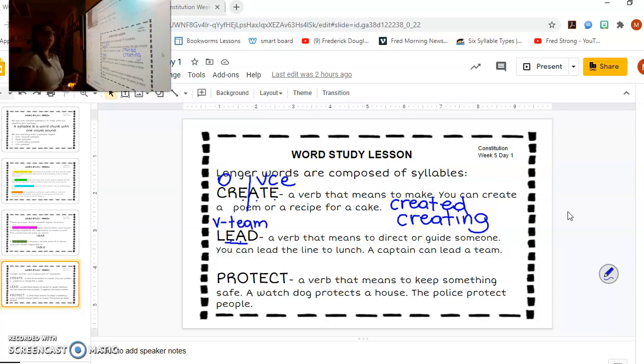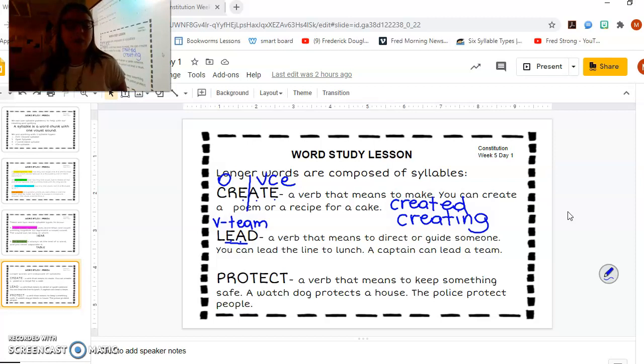And you know what? I forgot to tell you what lead means. To lead is a verb that means to direct or guide someone. You can lead the line to lunch, or you can lead the line when you go to the gym, right? A captain can lead a team. If you play on a soccer team, you can be the captain and you're leading the team.